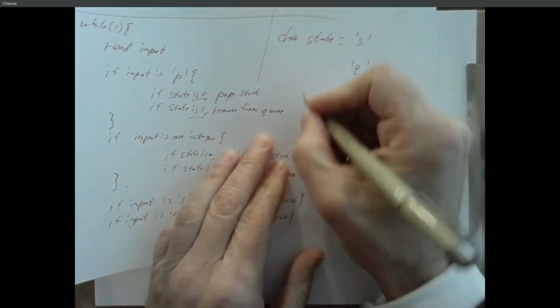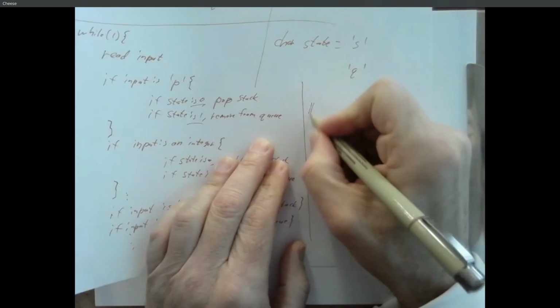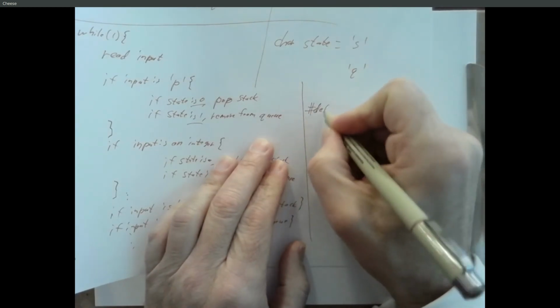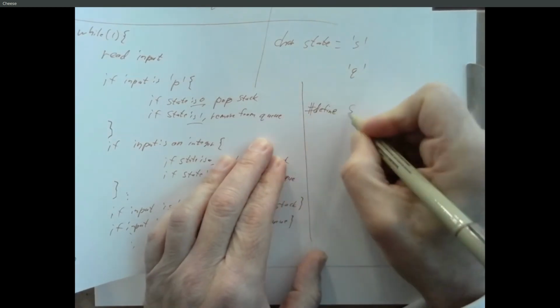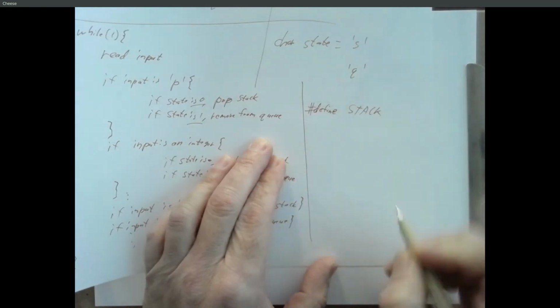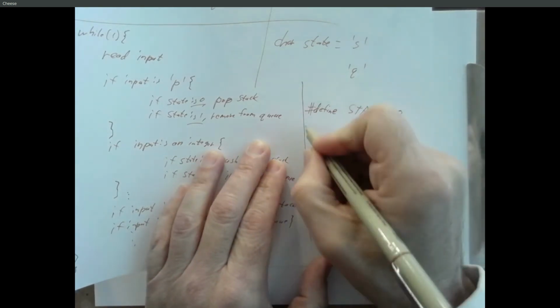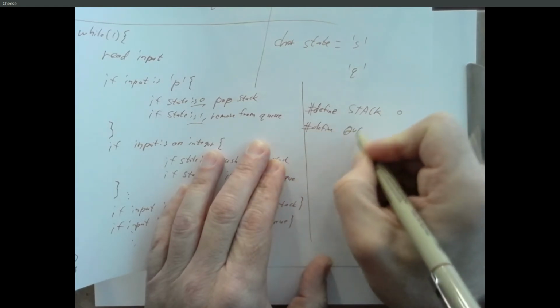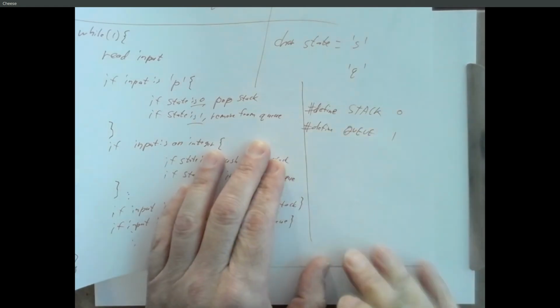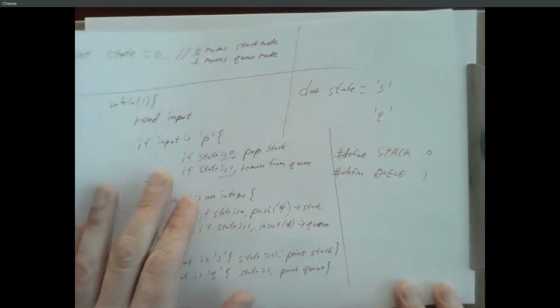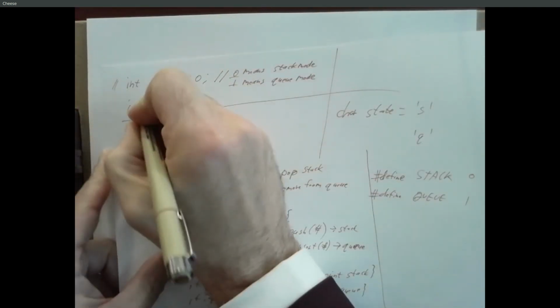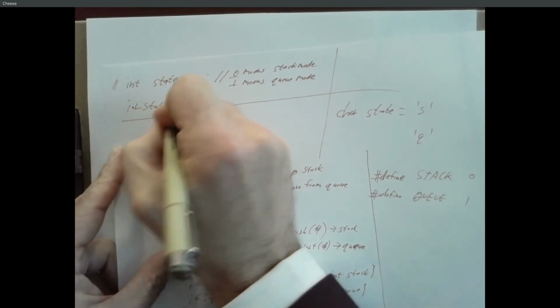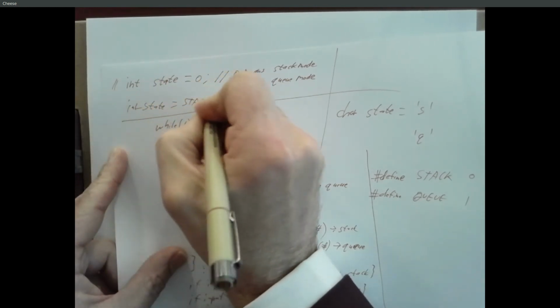But your other option, remember in C we can define symbols. So we can say number sign define, and we could define the symbol stack to be a 0, and we could define the symbol Q to be a 1. And up here when we initialize, we could say integer state equals stack.